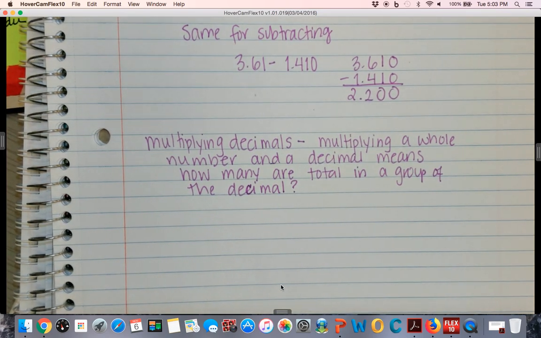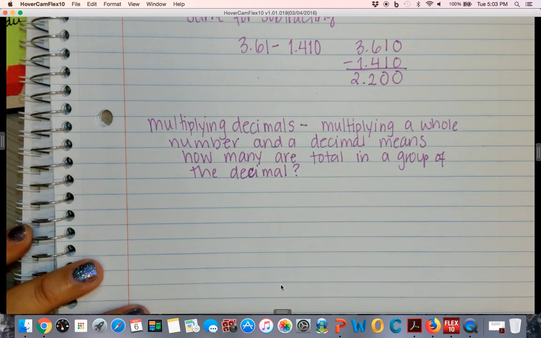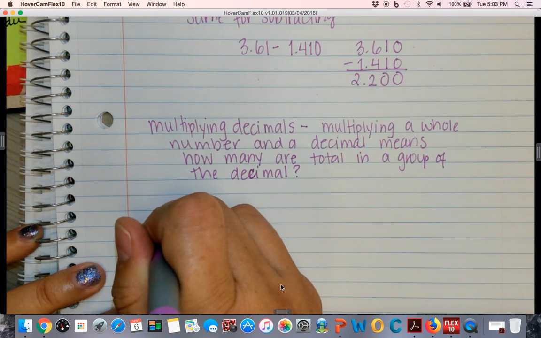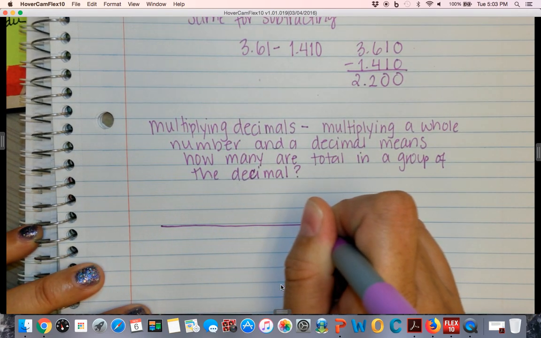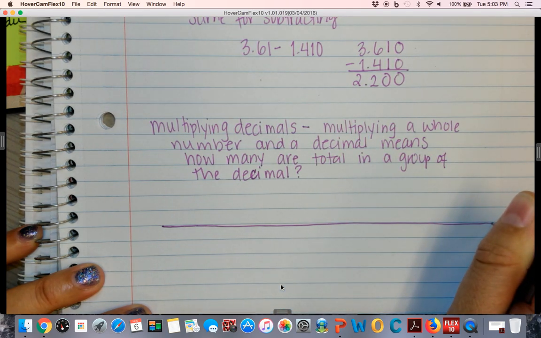How many are total in the group of a decimal? And I'm going to show you that using a number line. So I'm going to make a quick number line.